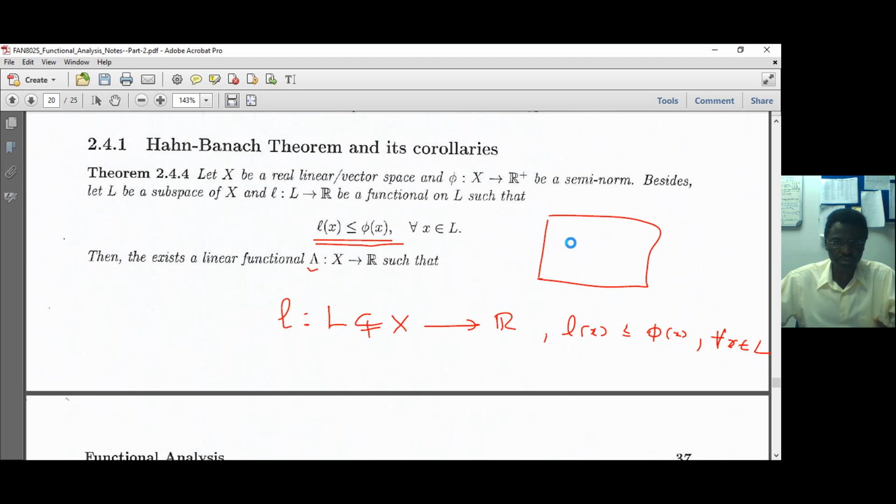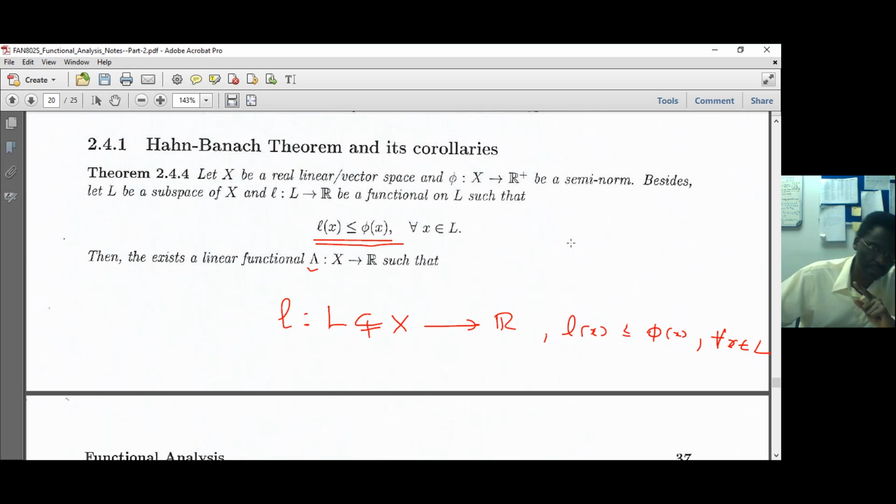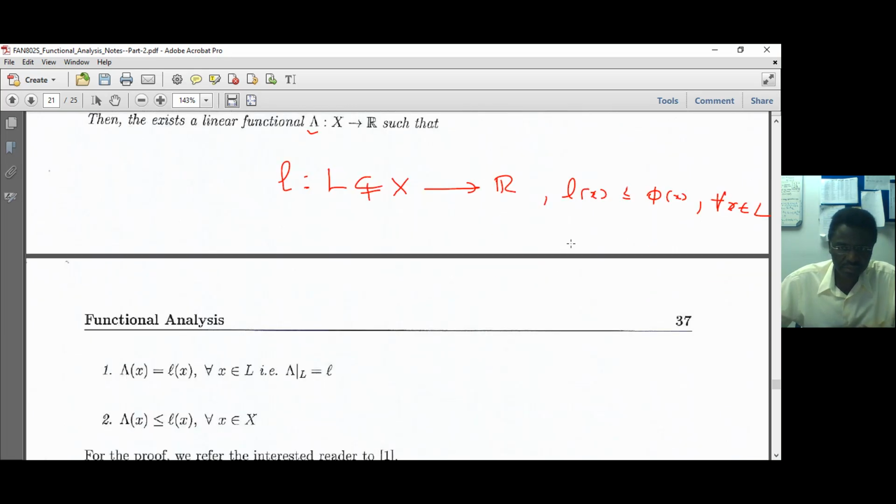But I encourage you to look at the prescribed textbook because you have a more graphical, I don't know if it's in the prescribed textbook or in other textbooks, some schematic to represent the situation. Okay, so that is it.